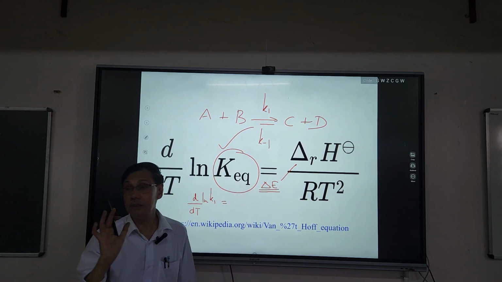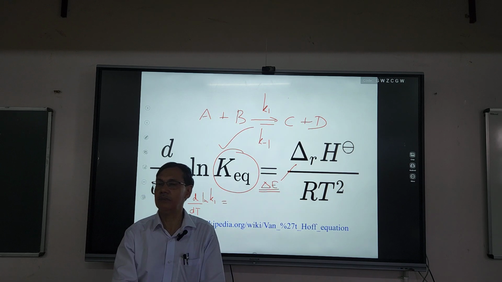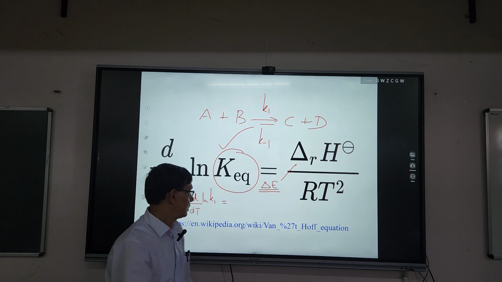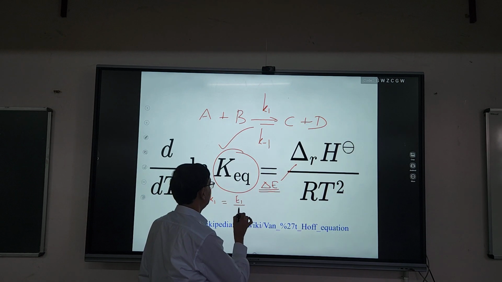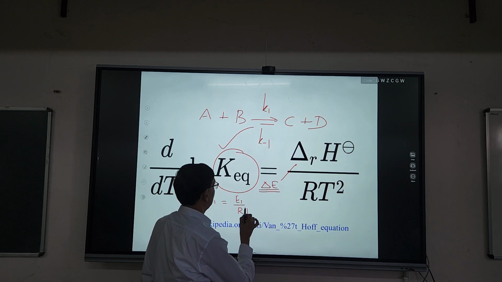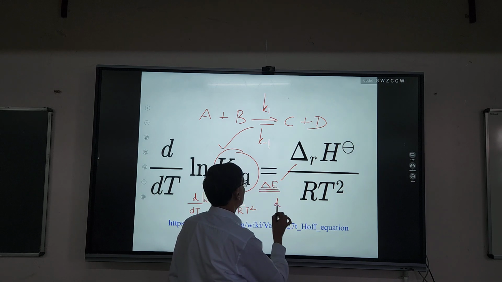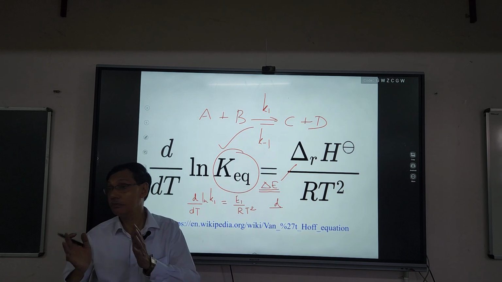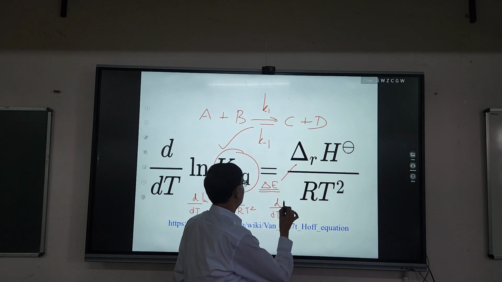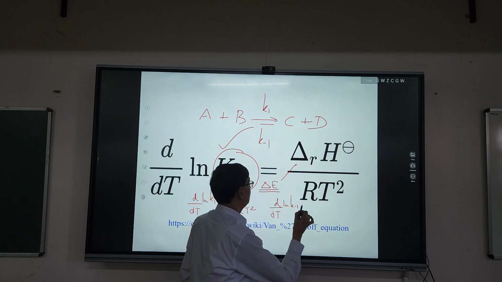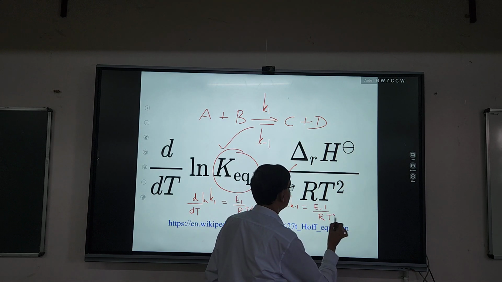I am not discussing what activation energy actually is today. So we can write E1 by R T square. And for the second case also the same thing. So credit goes to Van 't Hoff for this determination: d by dT of natural log k inverse 1 is equal to E inverse 1 by R T square.